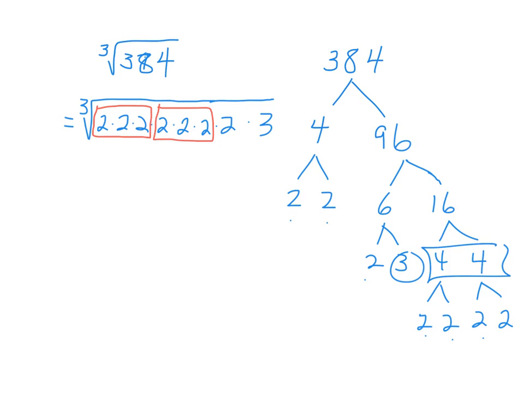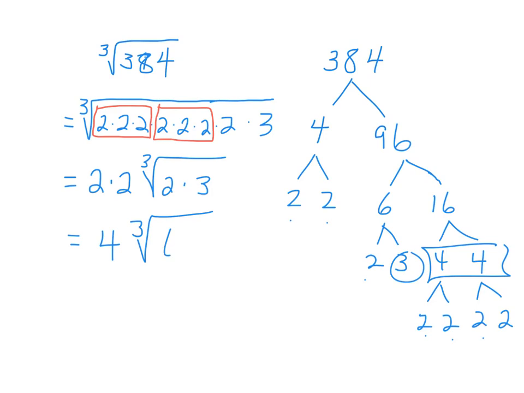So that means that one 2 comes out for each of those sets of 3. So we got a 2 times a 2 on the outside, and then left over on the inside are the 2 and the 3. And to clean that up, I get 4 times the cube root of 6.